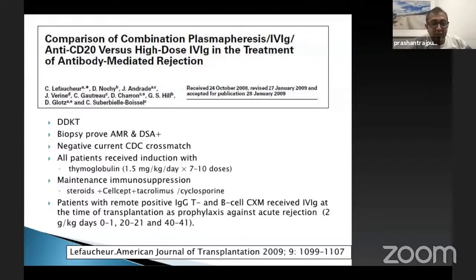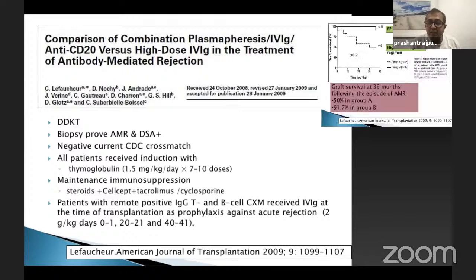All these patients had received thymoglobulin and the standard triple drug immunosuppression with steroids, Cellcept, and tacrolimus or cyclosporine, and patients with remote positive IgG T cell or B cell cross-match also received IVIG at the time of transplantation as a part of prophylaxis for acute rejections, and they received 2 grams per kilogram.